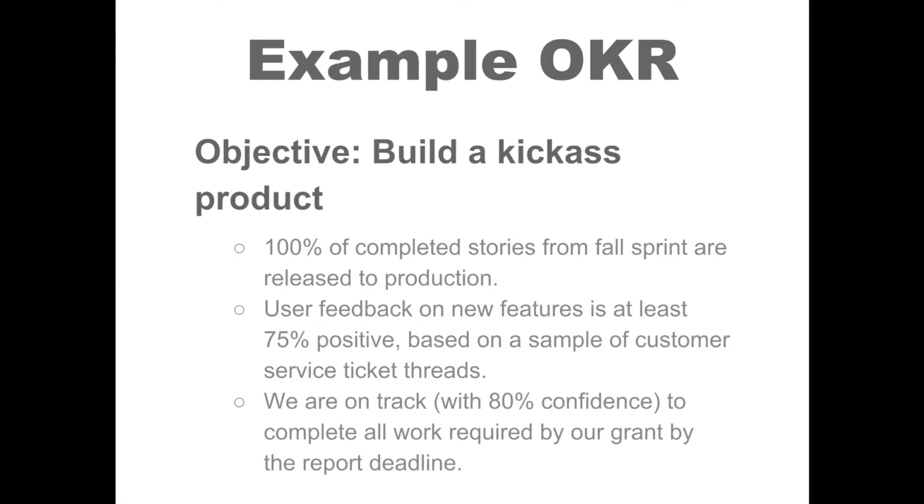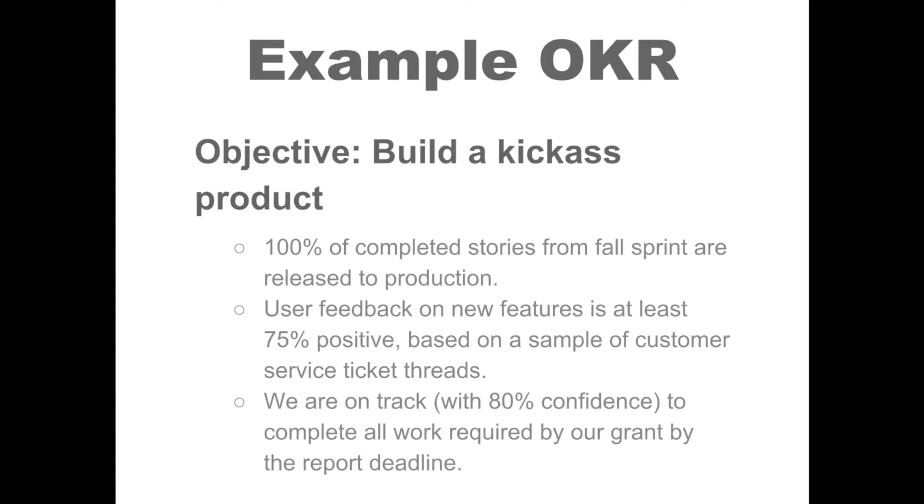So here's a slightly more fleshed out example of an OKR with the objective of build a kick-ass product. And then here are some key results that are very specific. Let's look at the second one: user feedback on new features is at least 75% positive. There we have a number, and depending on what the outcome is at the end of the quarter, you know if you've met it or you know how close you are to meeting it.